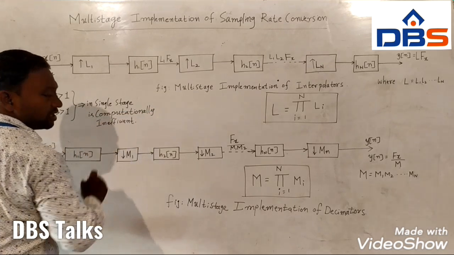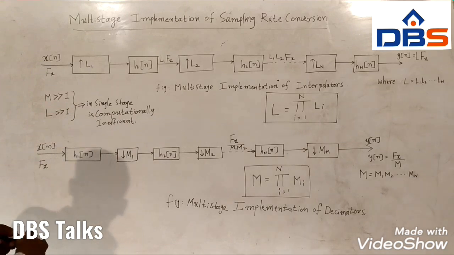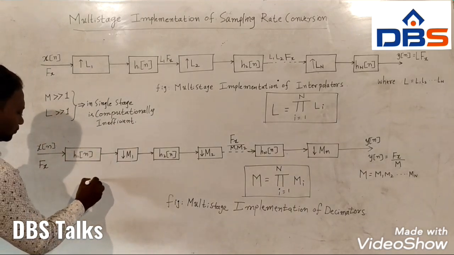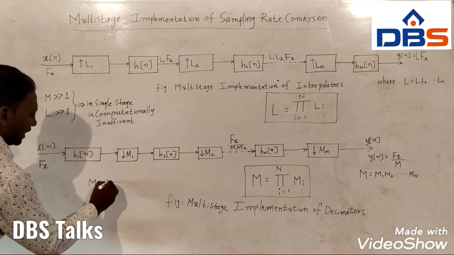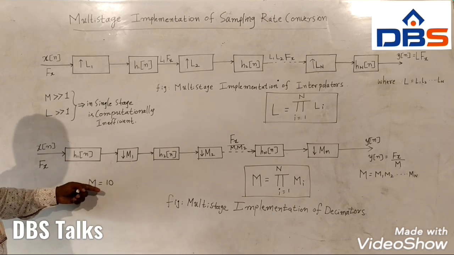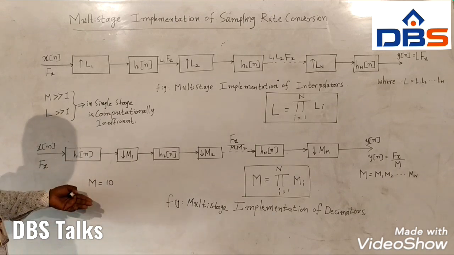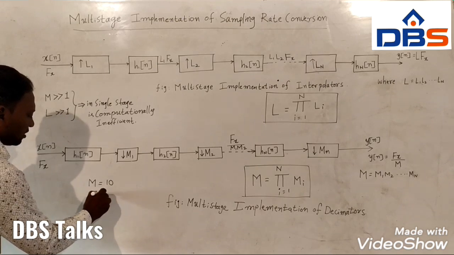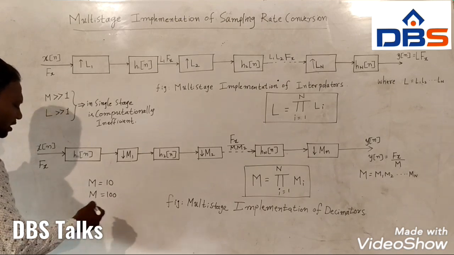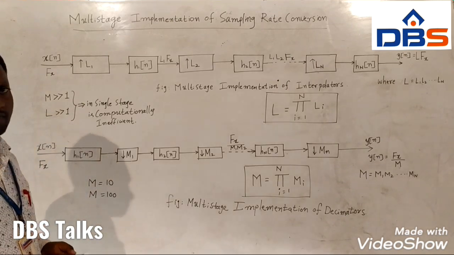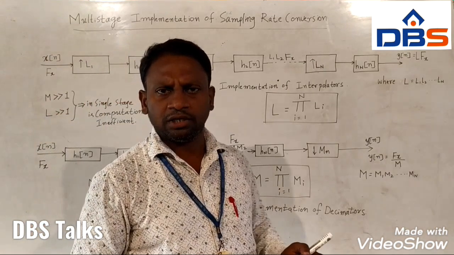Computationally inefficient. For example, suppose M is 10. So 10 is much greater than 1. Even if M is 100, L can be 10 or 100, or some other value not equal to 1.